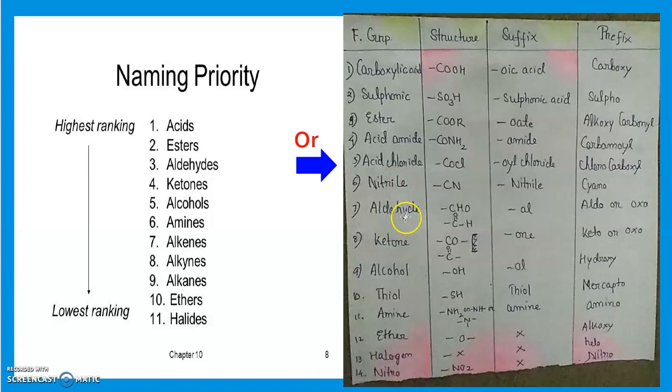So aldehyde priority is higher compared to ketone. This needs to be corrected on one side. It also mentions the naming: the prefix for ketone is oxo, for aldehyde is formyl. We use formyl. For alcohol, it is hydroxy or hydroxyl, still acceptable.